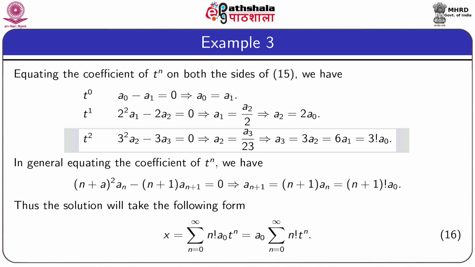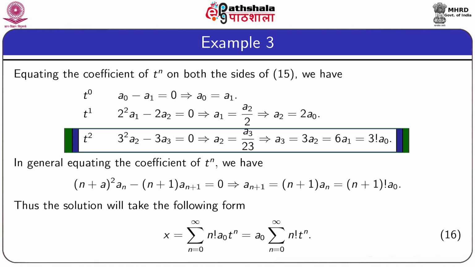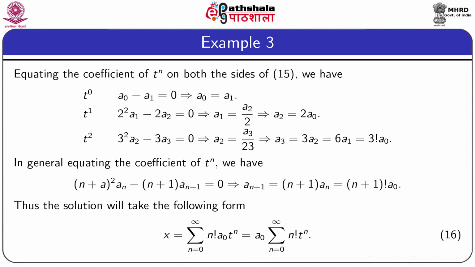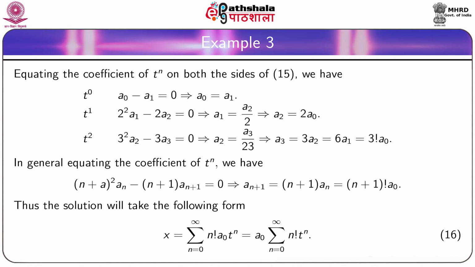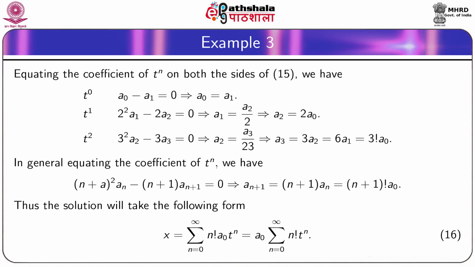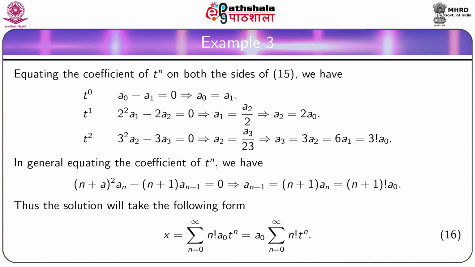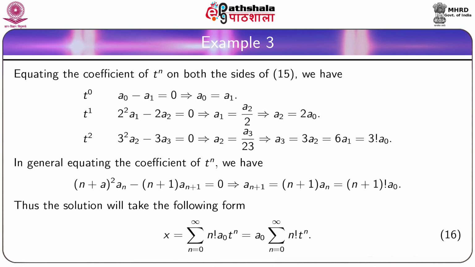In the third case, we equate the coefficient of t², and we get 3² a₂ − 3a₃ = 0, which implies a₃ = 3a₂, which can be replaced by 6a₁ and which is 3! a₀, because a₁ is equal to a₀.